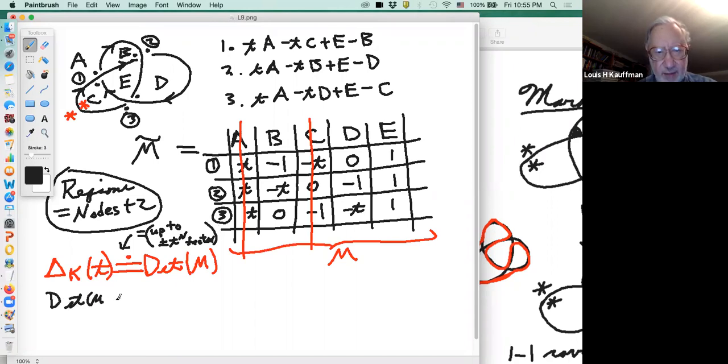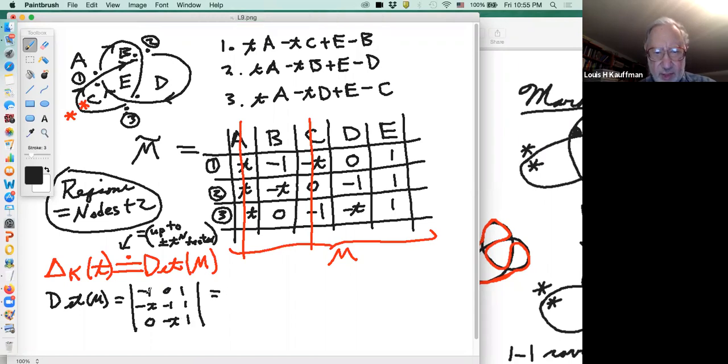The determinant of M is equal to the determinant of minus 1, 0, 1, minus T, minus 1, 1, 0, minus T, and 1. If I got it right.